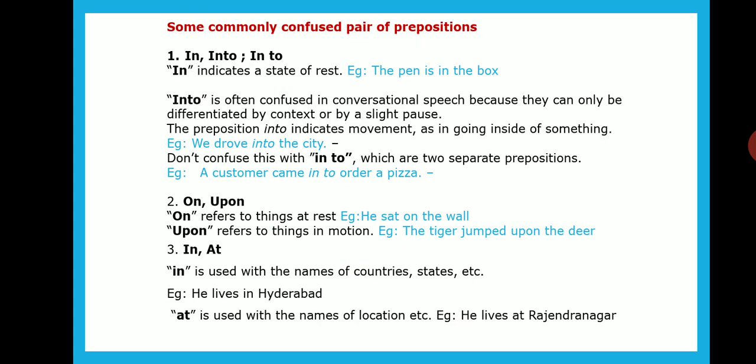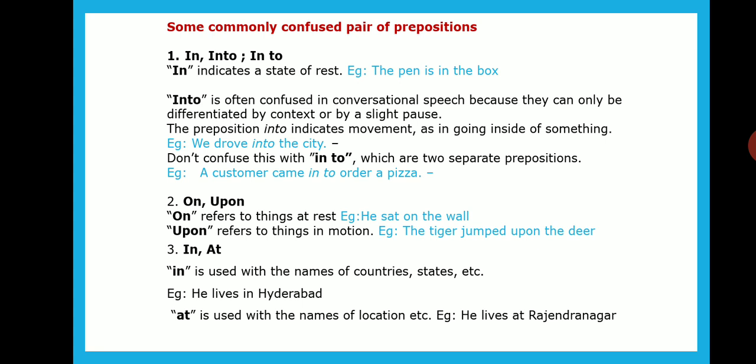Next slide, you have some commonly confused pairs of prepositions. In and into. In indicates state of rest. The pen is in the box. It is not moving, it is static. Next is into. Into denotes movement. I am putting the pen into the box.